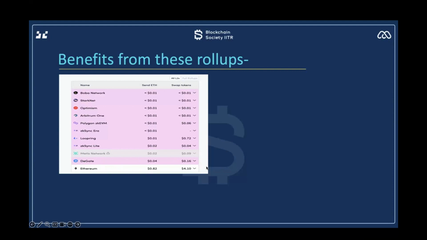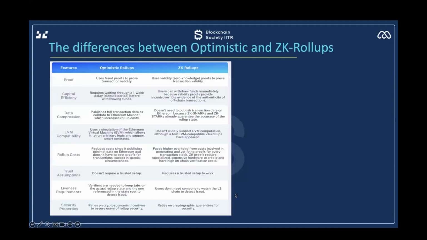This is because it depends upon the proof that the blockchains are generating, like we discussed about STARKs and SNARKs. The slight difference in the cost is because of the proofs. It depends upon the computation of different methods. That is why you are seeing a difference in the price. Though it is very small, there is a difference.